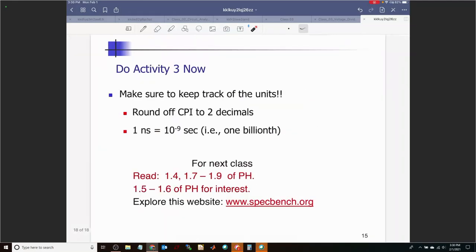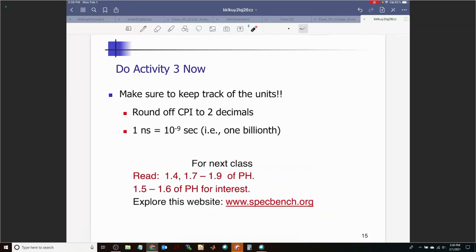All right, now you guys can get into activity 3. Just for when you are computing the numbers, please round off your clock cycles per instruction to 2 decimals. And we will continue our discussion on the role of performance in the next class.